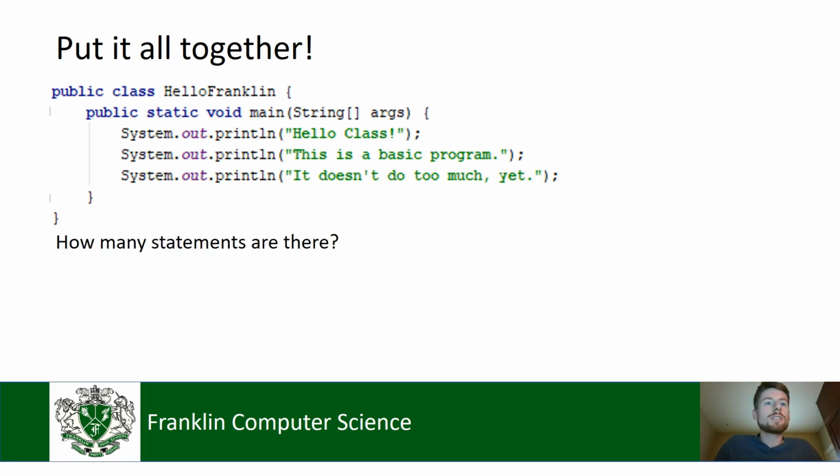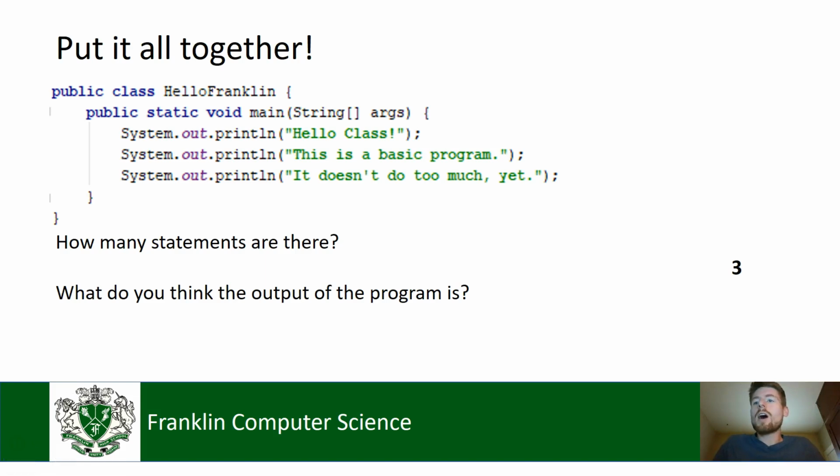Okay, another question. How many statements are there? This one's pretty simple. There are three statements, right? System.out.println, System.out.println, System.out.println. So we've got three of these. What do you think the output of the program is, given that it runs sequentially?